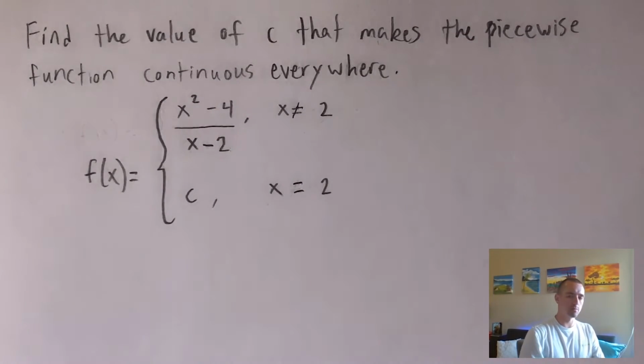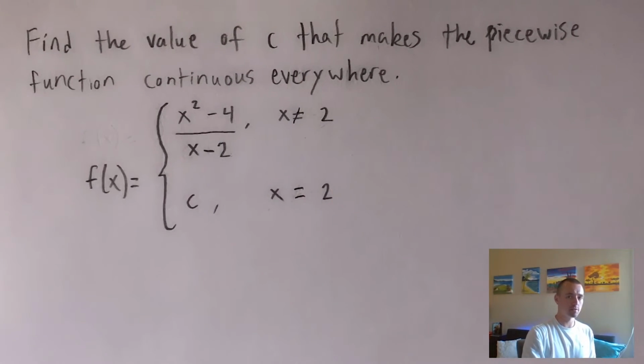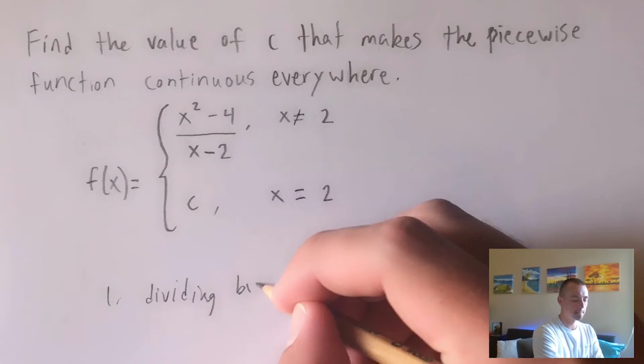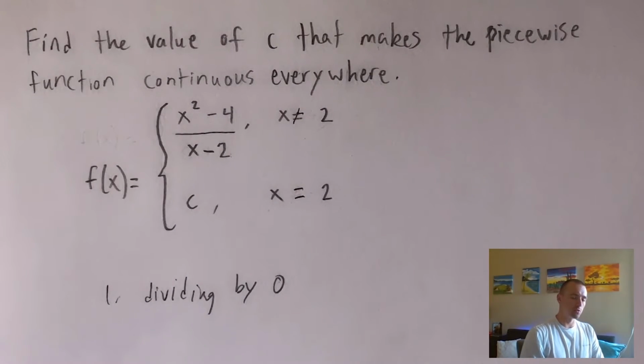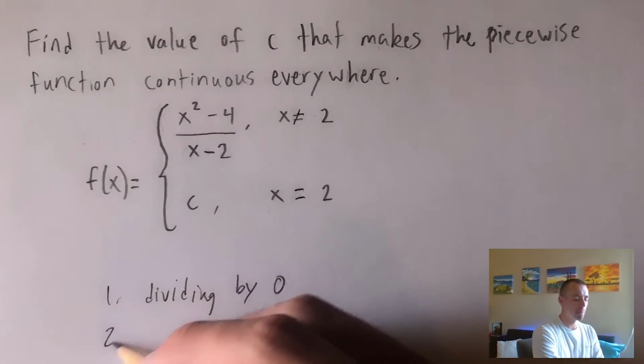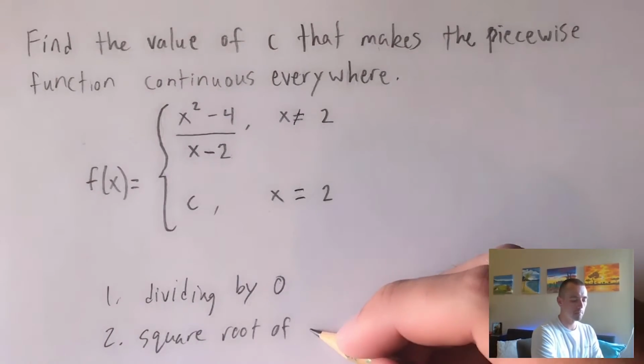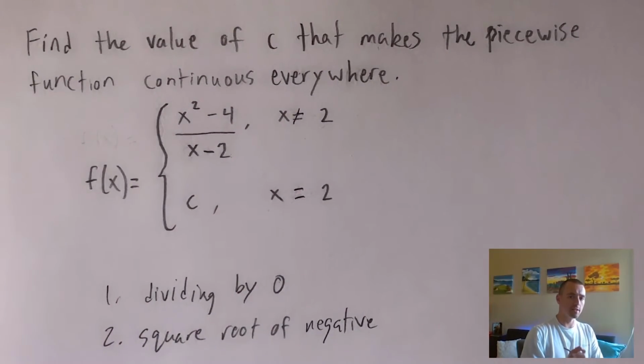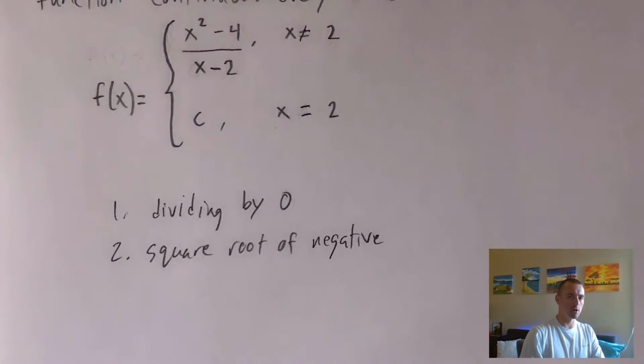Typically there are three things to look out for that cause discontinuities: dividing by 0, taking the square root of a negative number, or taking the log or natural log of 0 or a negative number.